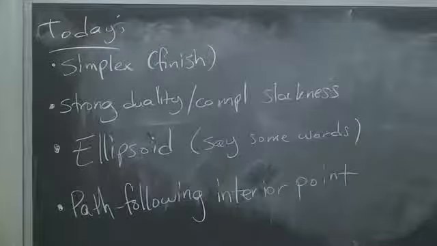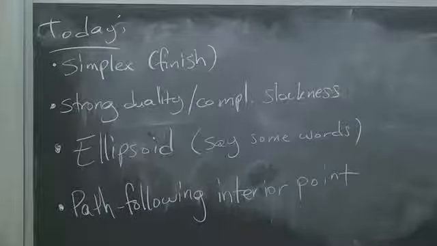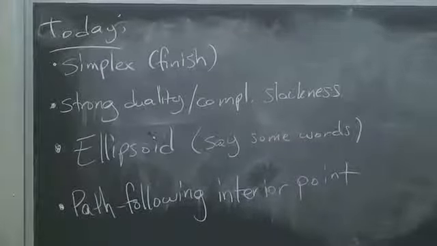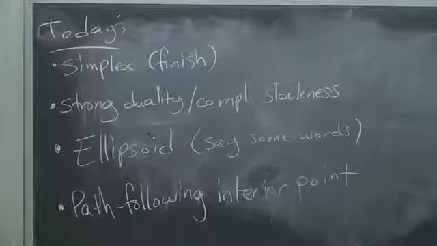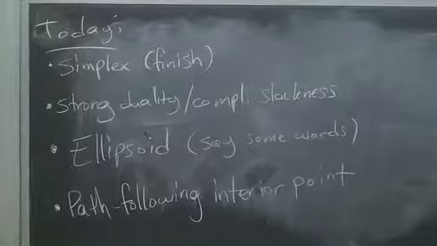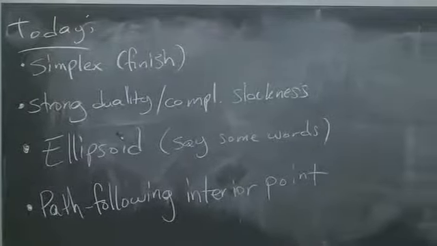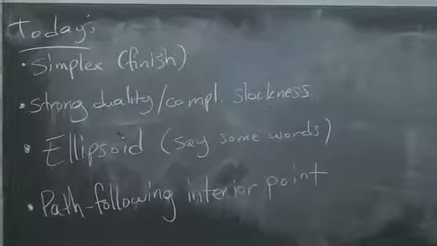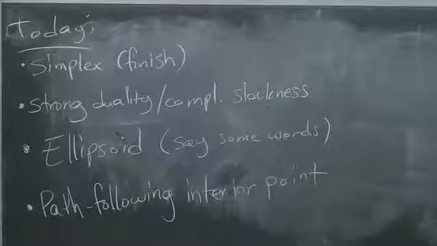So my understanding is that both simplex and interior point are used in real life, and I think ellipsoid is not used in real life. And is simplex just used because it's easier to implement, or are there some cases where it's faster? Oh, I think it's not just about ease of implementation.